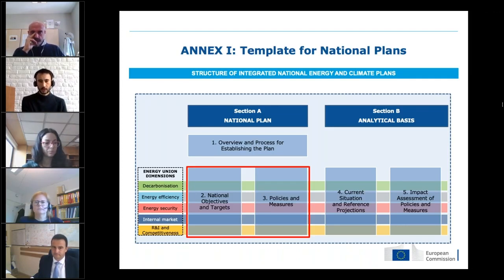So here you see a bit the structure of the plan. You have national objectives and targets, followed by policies and measures. Of course, for the policies and measures, we need to make sure that they allow the member state to achieve its targets. And the analytical part is, on the one hand, a description of the current situation and projections, to the horizon of 2030, but also at least until 2040. And then an impact assessment of the policies and measures that the member state puts forward in its plan.